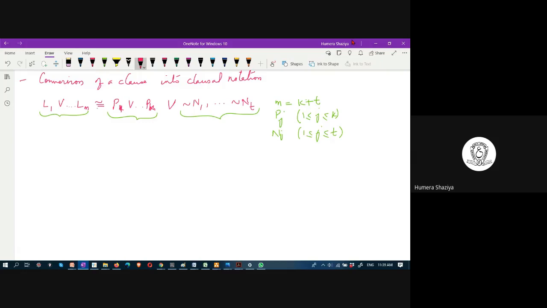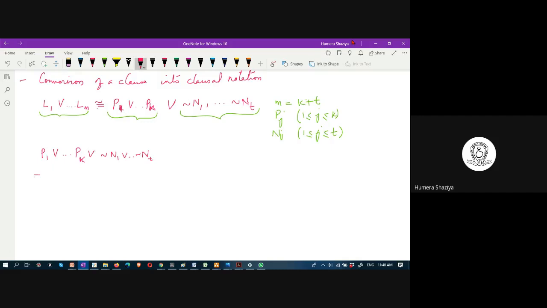How can this be written? As P1 union up to Pk, or not N1 union up to not Nt.